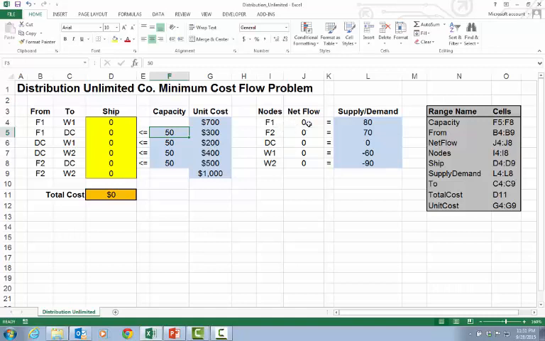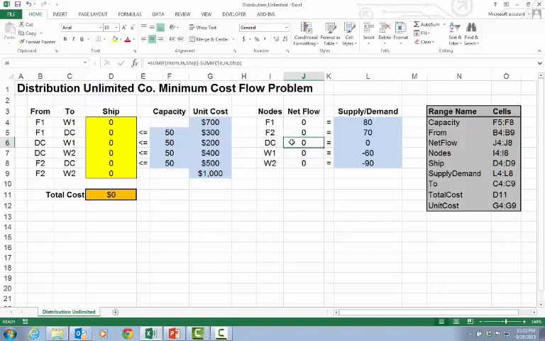arc. But the only thing I want to hone in on and look at a little bit carefully here are these representations for the net flow. Now, the net flow basically consists of the following. If you look up here in the formula, it's basically the sum of all the flow coming out of a node minus the sum of the flow into a node.